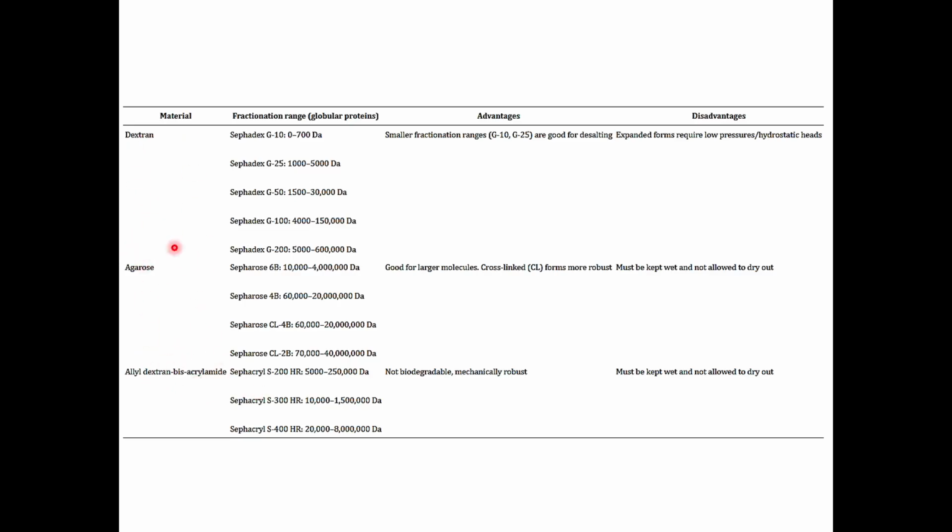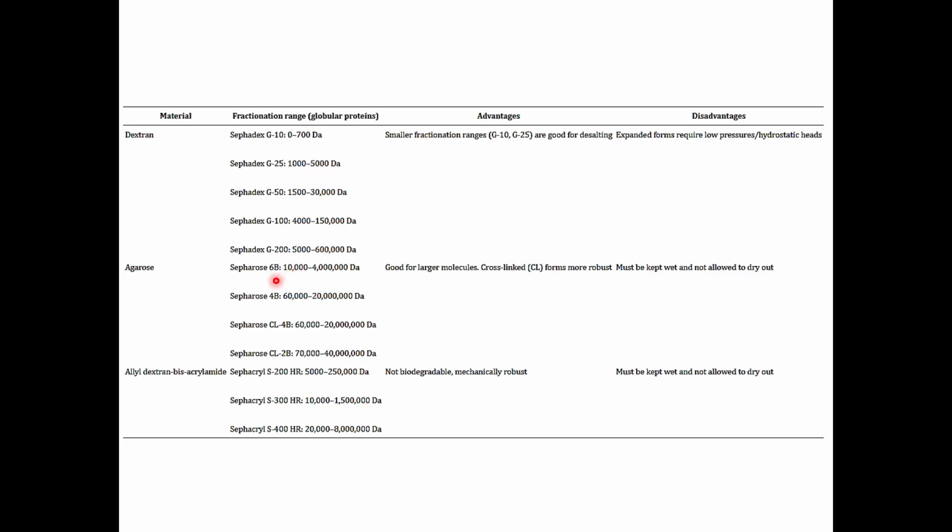Using these, because like they said, it is inert and they are passivated and they have almost the least interactions with your proteins. So you have different grades. G10 ranges 0 to 700, G25 ranges 1,000 to 5,000, G50 ranges 1,500 to 30,000, G100 ranges 4,000 to 1 lakh 50,000, and G200 is 5,000 to 6 lakhs.